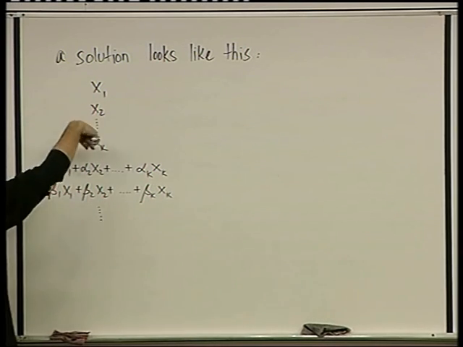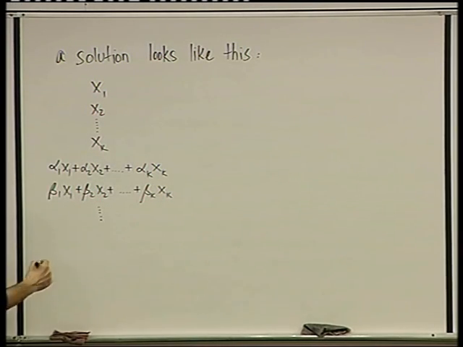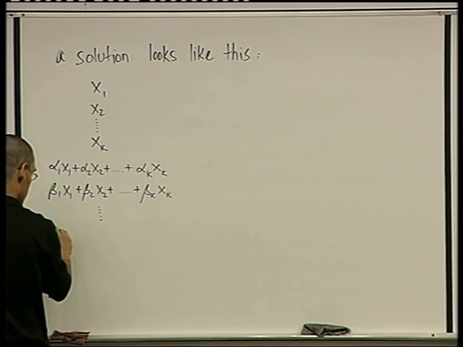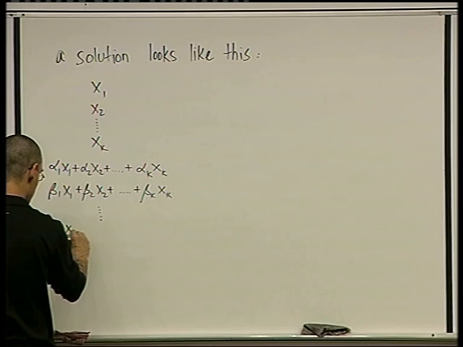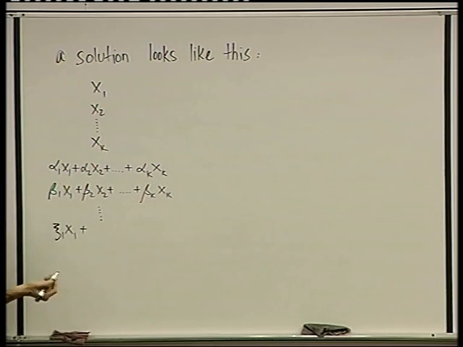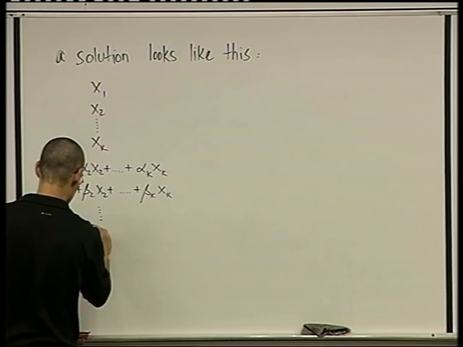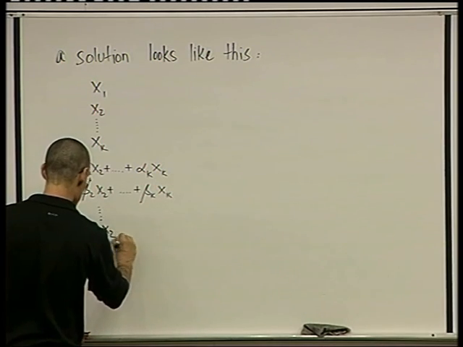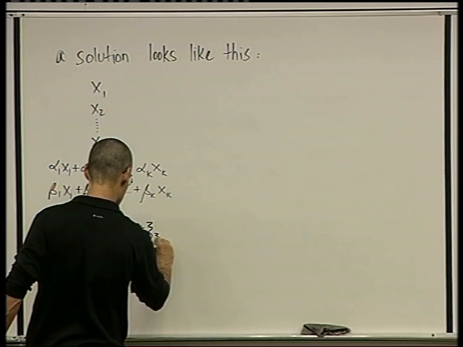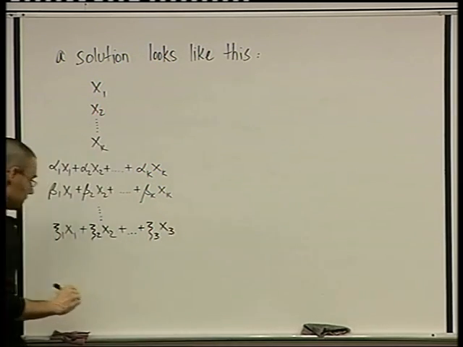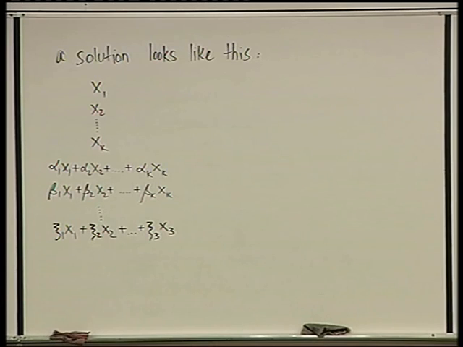And xn is still going to be a linear combination of these. So I have to choose a letter. Let's call it c1 x1 plus c2 x2 plus dot dot dot ck xk. Okay?